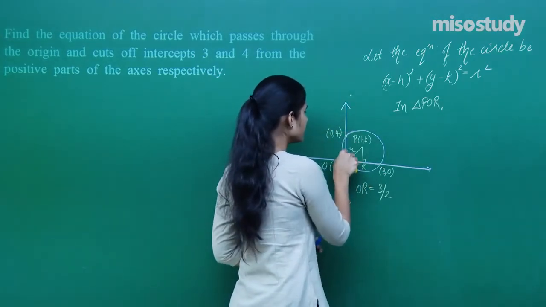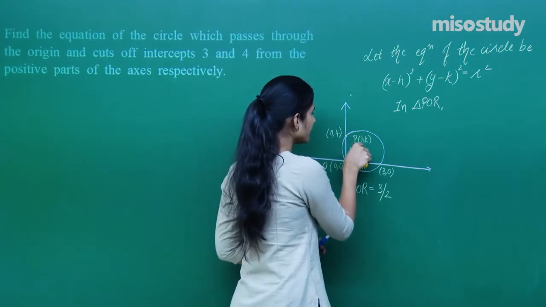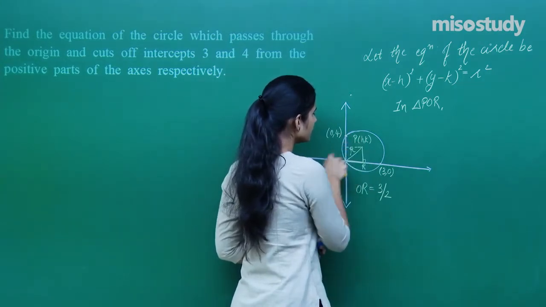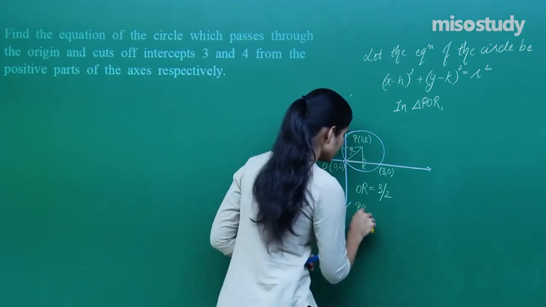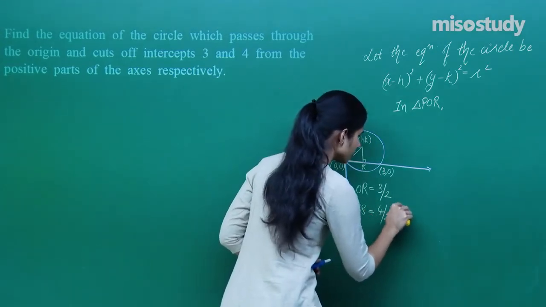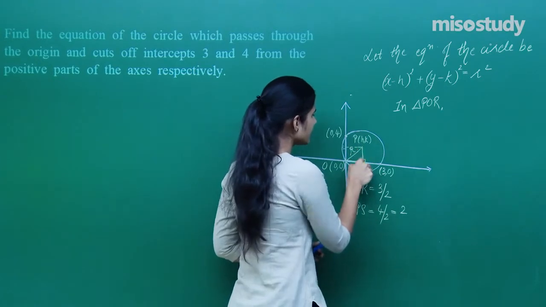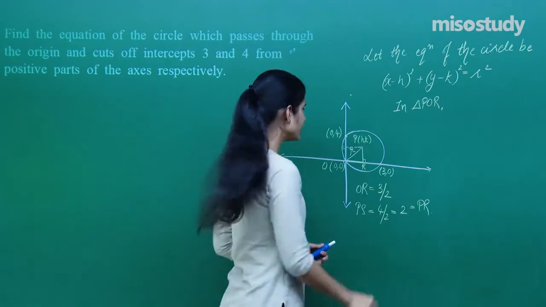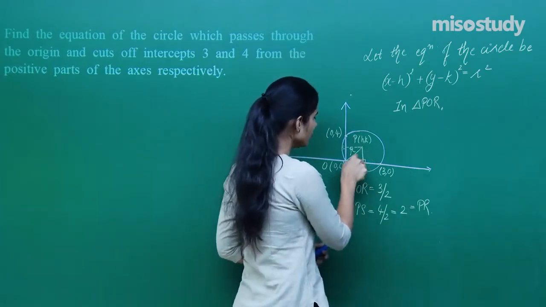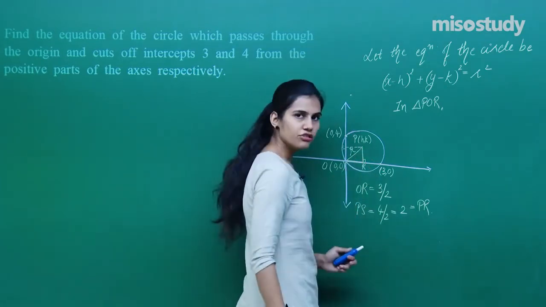And if this complete is 4, if I drop a perpendicular from here to here, say this is S, then PS is half of 4 and PS is same as PR, right? So you are getting PR is 2 and OR is 3 by 2.